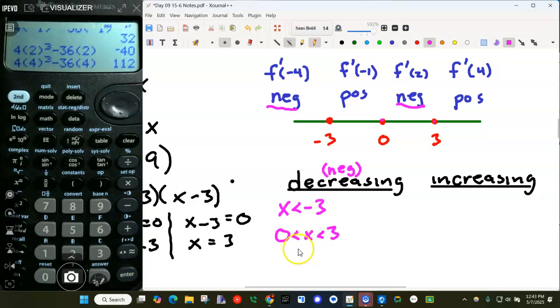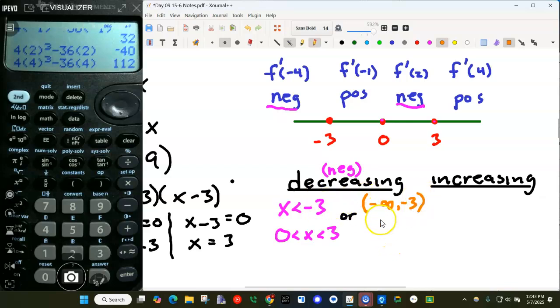And you saw yesterday it might have given you different options in the directions on how to write your answers. So we have this set notation, and then we also have interval notation, which you could choose to do. That's fine. So how do you write x as less than negative 3? Well, that's all numbers between negative infinity and negative 3.